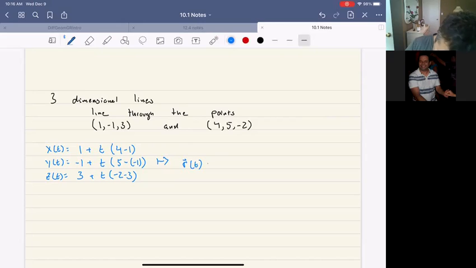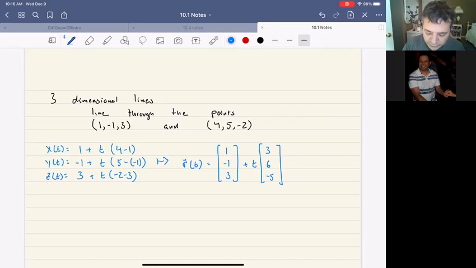So r of t equals 1, -1, 3 plus t times 3, 6, -5. Again, when t is 0, I'm at 1, -1, 3. When t is 1, I'm at 1 plus 3 is 4, -1 plus 6 is 5, 3 minus 5 is -2.